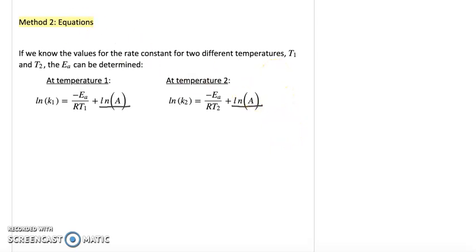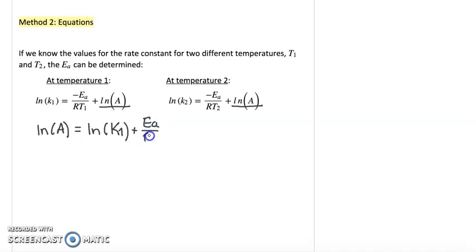So we want to have A alone on one side, so we move this part over to the other side. So we have ln A equals ln K1, and we have a minus in front, we move it to the other side, we switch sign, so that becomes a plus.